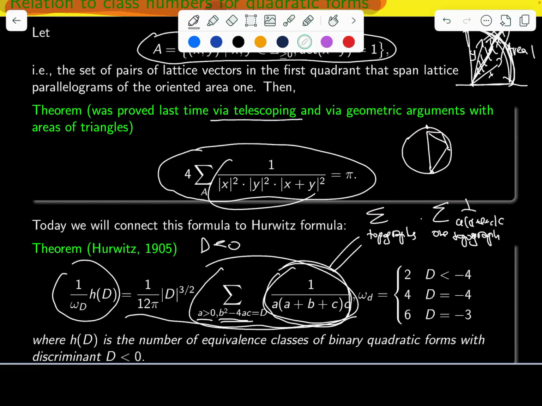Yes, over the vertices, and here we take just a, c, a plus b plus c. For each vertex, take the product of the labels on the adjacent regions. Now, the mystery, as we have seen last time, is that actually this term is constant, does not depend on the topograph.